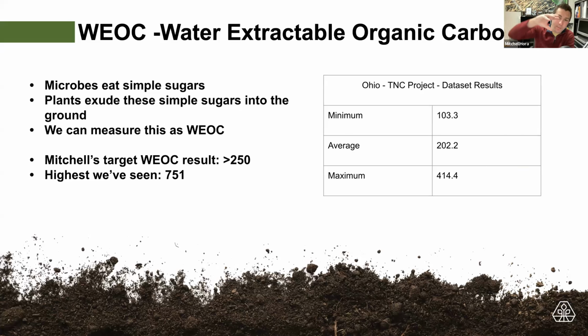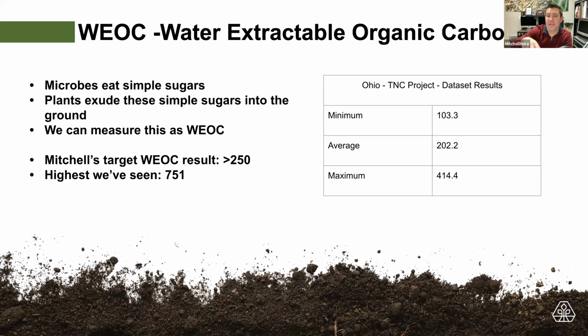Okay, so to improve that biological function, we've got to feed the microbes. Microbes are very simple. All they know is to eat, reproduce, try not to get eaten, and die. These microbes in the soil, in general, eat simple sugars: sucrose, fructose, glucose, that kind of stuff. They're very simple single-cell organisms.